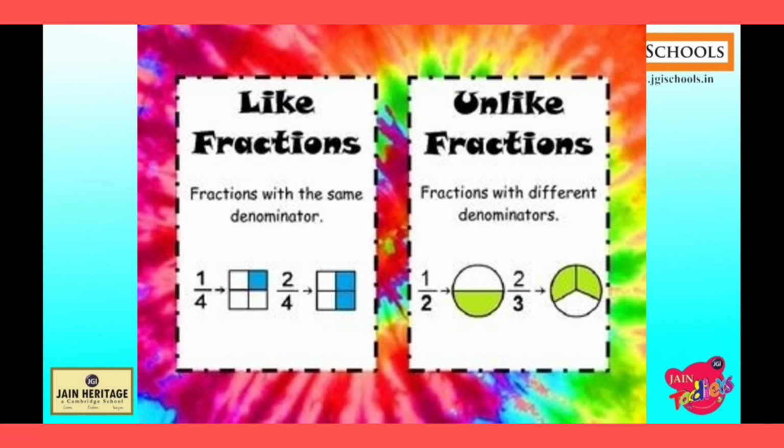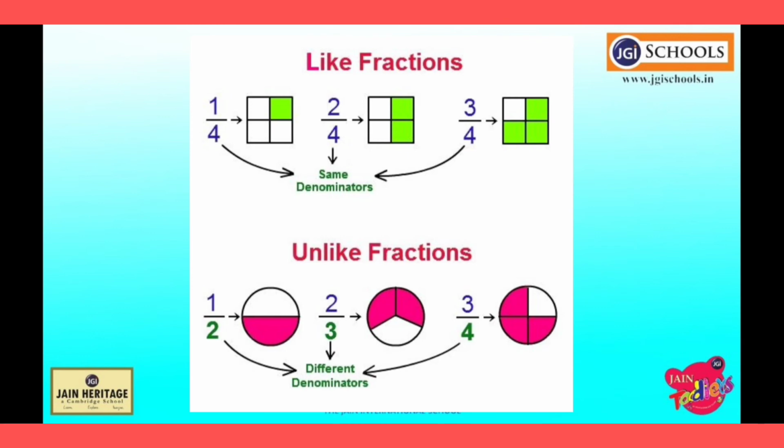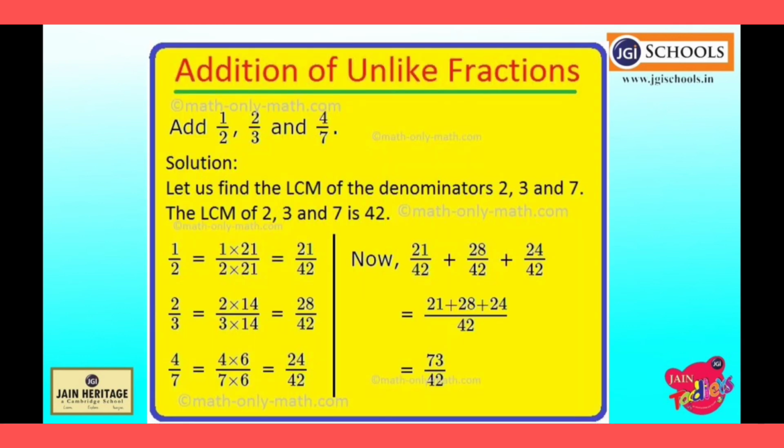Now, like and unlike fractions you have already studied. Fractions with the same denominator are like, and unlike fractions are fractions with different denominators. Okay, these are more examples of this. Now we will see what is addition of unlike fractions. We have already studied like fractions in the third grade.